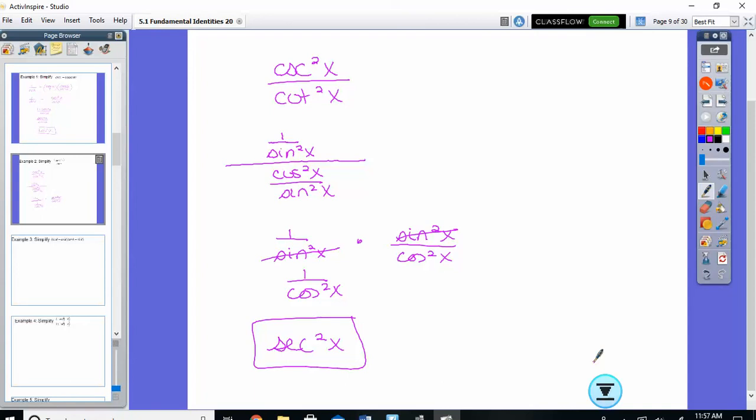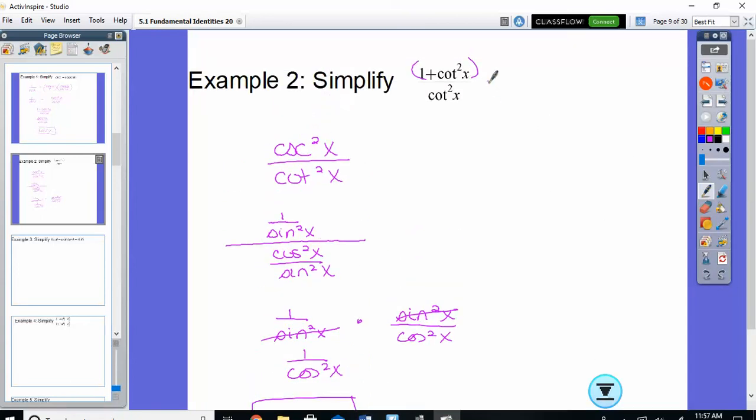And that also wasn't the only way to do it, depending on what strikes you as an option. Since we only had one term on the bottom, you could have split it up and put each thing over the denominator. What's 1 over cotangent? The reciprocal of cotangent is tangent squared x.